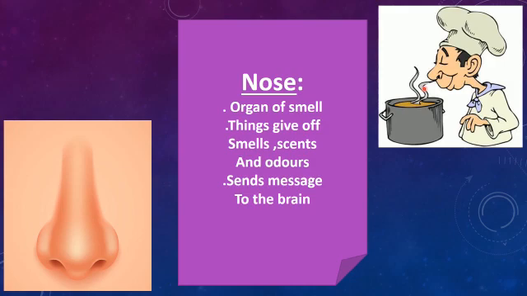What are nerves? Nerves are those wire-like structures, you can call them. They are special tissues, special cells present in the nose, which transmit or send the information of these smells to the brain. Now the brain tells us if the smells are pleasant or not, if the smells are good or not.